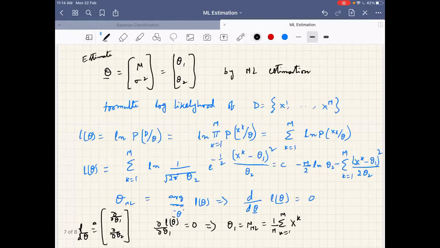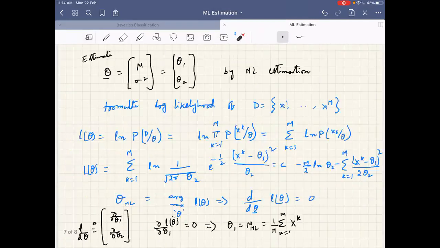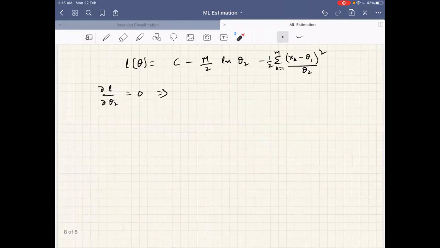Here mu and sigma square are two different quantities. They are not components of the same quantity, so I am doing them separately and getting solutions. Later, when we estimate the mean vector in the multivariate case, we don't separate like this. We directly do vector differentiation. That we will see in the next example.